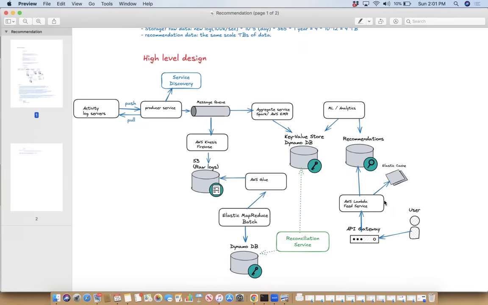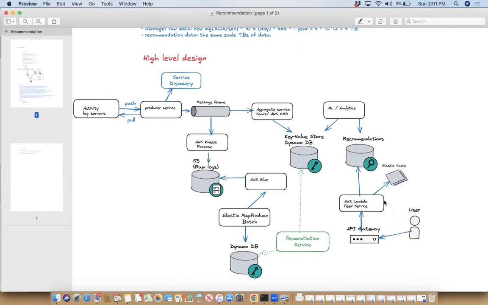In this system design, we are mentioning AWS cloud terminologies. ElastiCache is scalable also. The AWS Lambda feed service is serverless and scalable, auto scaling based on the number of requests for this feed. This is a pull model.